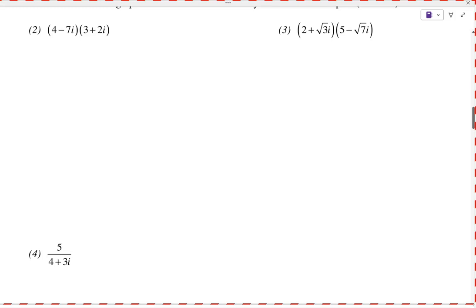For that second one, when I multiply the 4 minus 7i times the 3 plus 2i, what do you get? What do we get when we multiply those?